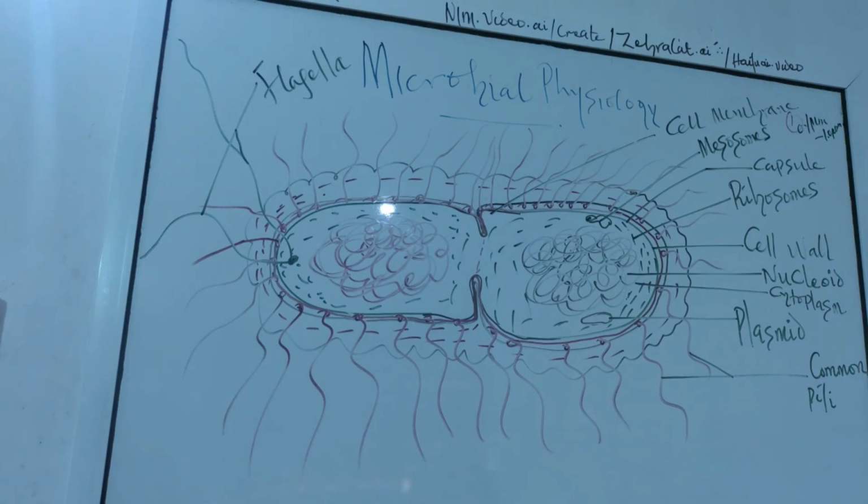If you look at the structure very well, you will see that it is made up of 10 different components of a bacterial cell.